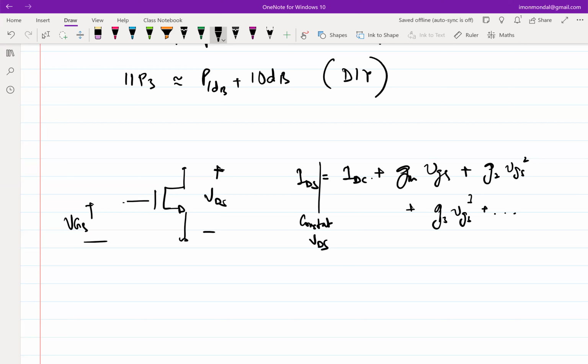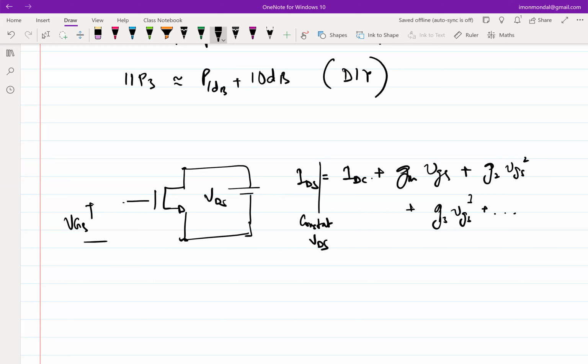So which means that I have some battery connected here. Okay, so now tell me, what are the ways you know that I can make this network more linear?